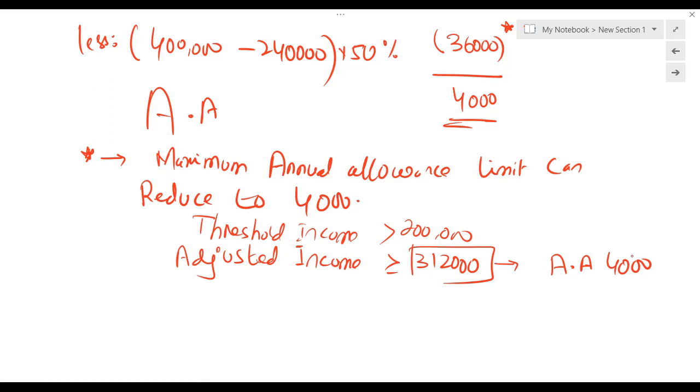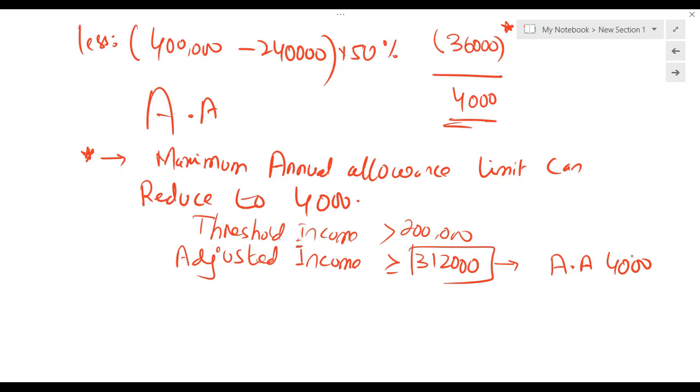Because from 3,12,000 if you deduct 240,000 you will get 72,000. If you take 50% of 72,000 it becomes 36,000. The annual allowance limit normally is 40,000. From 40,000 if you deduct 36,000, obviously you will get 4,000. Let me repeat. From 312,000, if you deduct 240,000, the difference is 72,000.